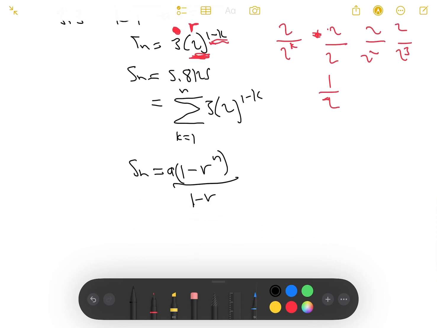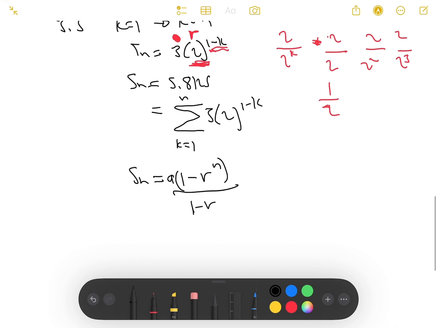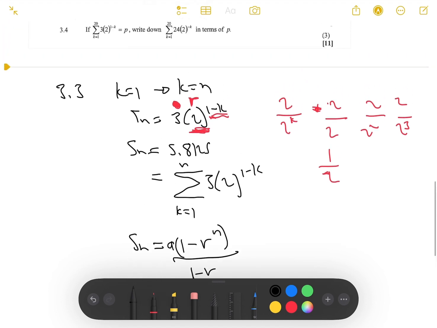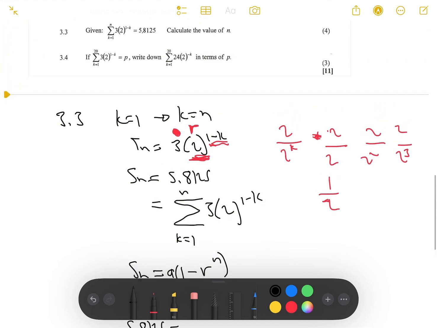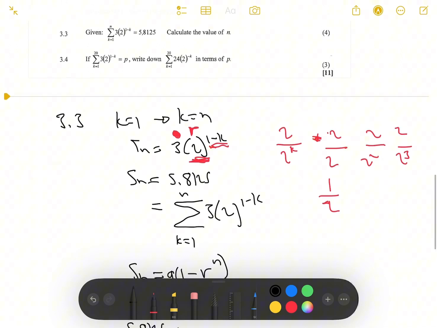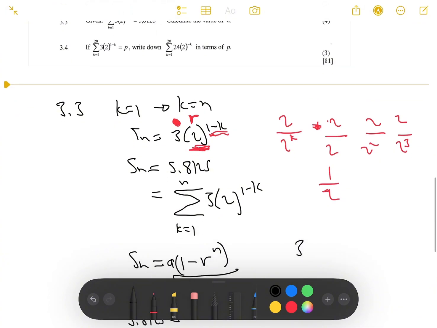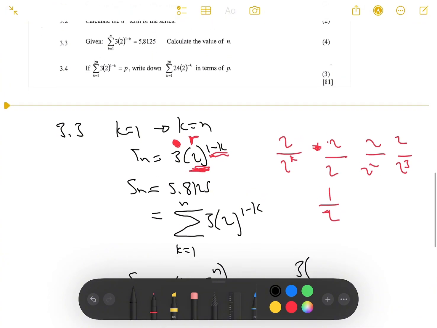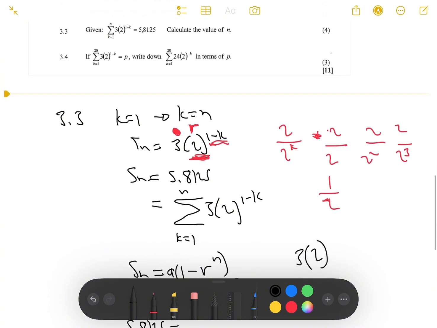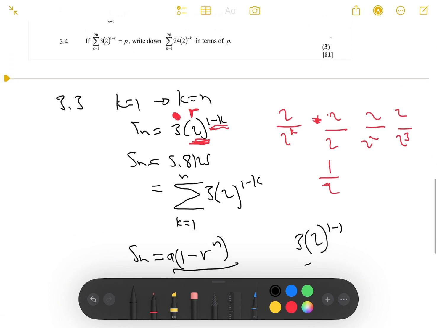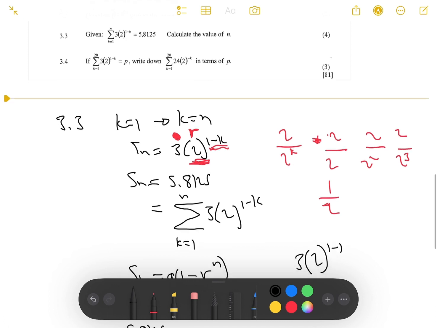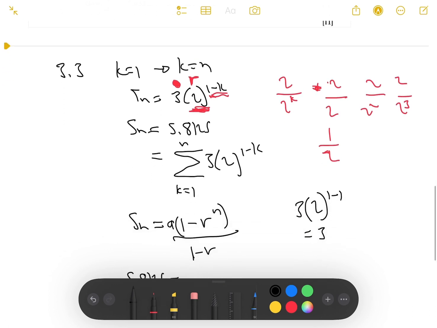From this we're given Sn as 5.8125, which is equal to, what is our a going to be? We're going to call it 3 times 2 to the exponent 1 minus 1, which is equal to 3, right? Yes, it is equal to 3.